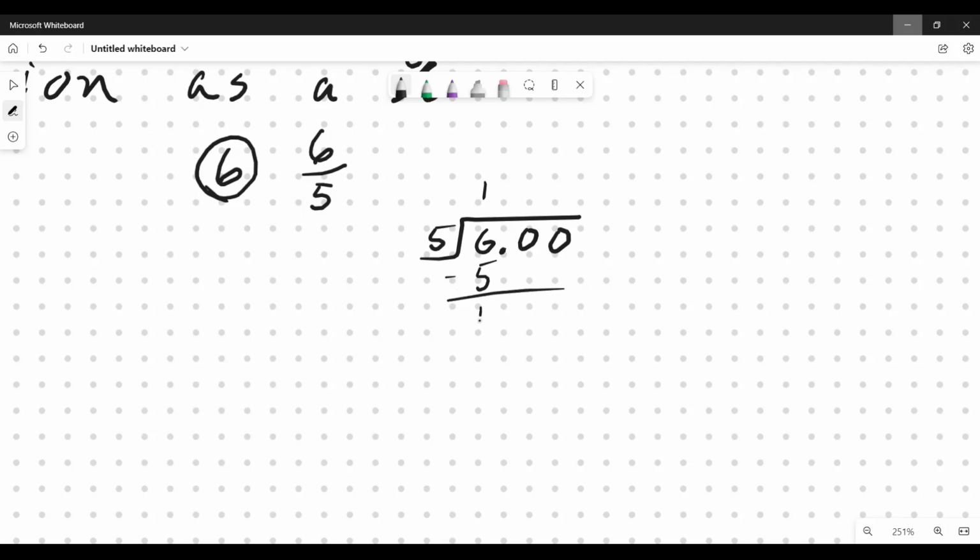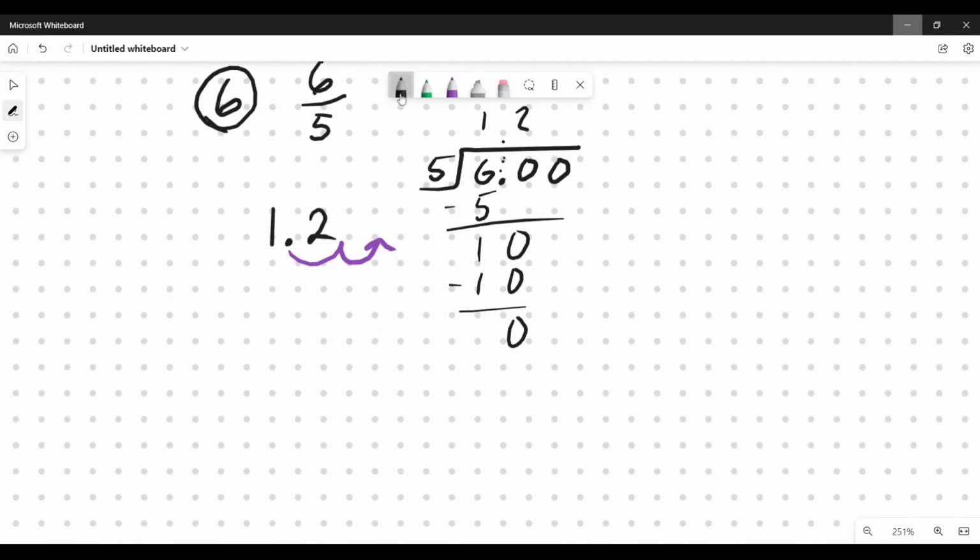We subtract and get a 1, bring down the 0. 5 goes into 10 how many times? 2 times. 2 times 5 is 10. We subtract that and we get 0. Make sure we float up our decimal place. So we've got 1.2. To convert that to a percent, we move the decimal over twice. It'd be 120%. That's right.